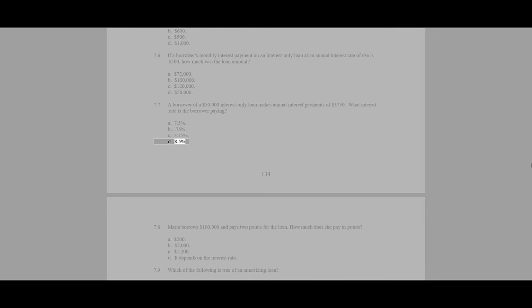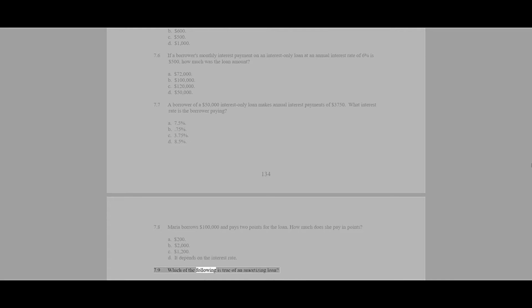D. 8.5%. 7.8 Maria borrows $100,000 and pays 2 points for the loan. How much does she pay in points? A. $200. B. $2,000. C. $1,200. D. It depends on the interest rate.